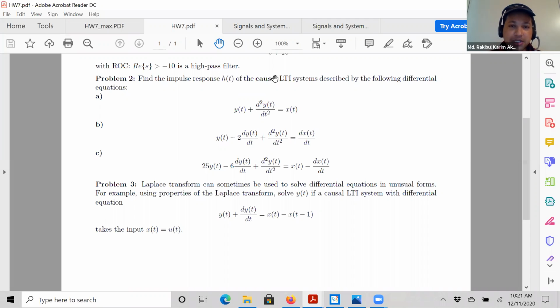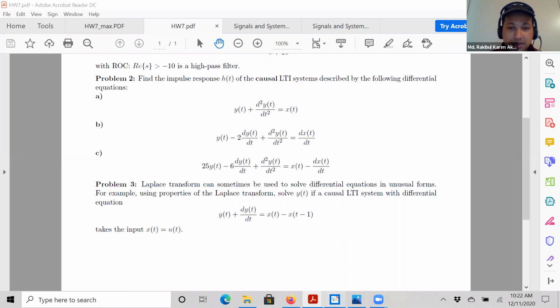So you have to do it in the Laplace transform domain. If you convert this y(t) into the Laplace domain, you get Y(s). x(t) becomes X(s). dy/dt becomes s times Y(s). If it is a double derivative, it becomes s squared Y(s).